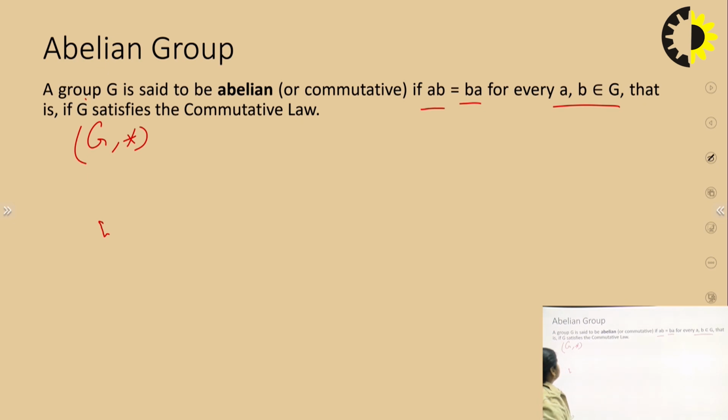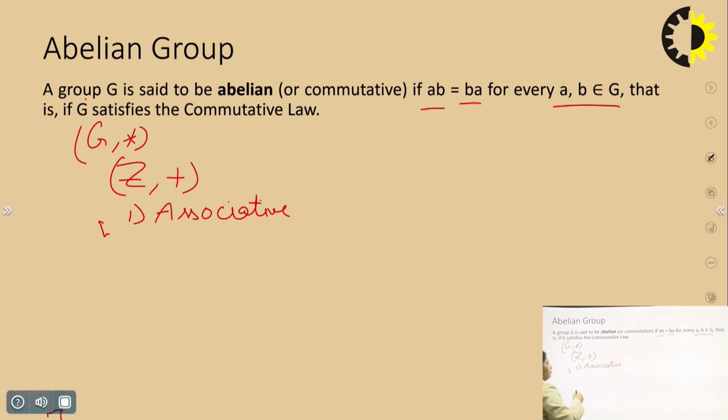So if we consider our example of the set of integers with plus operation, it is associative because on the set of integers, the operation plus is associative in nature. Second, it is having the identity element 0. 0 belongs to Z. This is the additive identity.